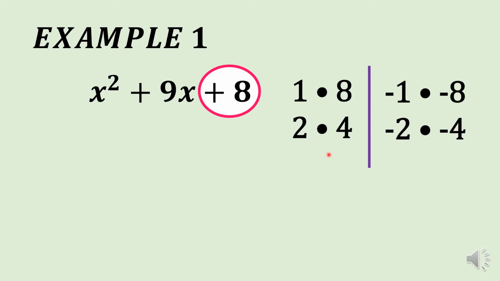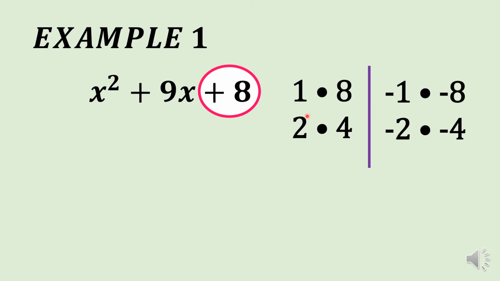So we have negative 2 and negative 4. Take note, kapag nakita nyo dito positive, ang ilalagay natin na sign ng ating factors, kunin natin yung positive niya na dalawa, and at the same time yung negative din, kasi 'di ba, negative times negative is positive, and then positive times positive is also positive.